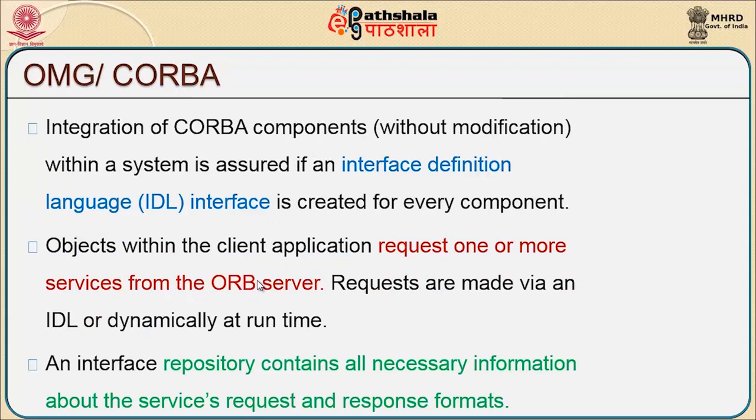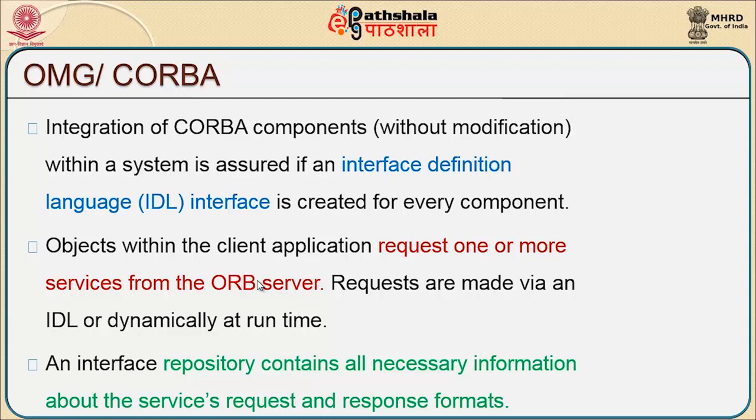Integration of CORBA components without any modification within a system is assured if an interface definition language, IDL, is created for every component. So we may have to create an individual interface called the interface definition language, and after its creation, we can use the same component any number of times within the system. Objects within the client application request one or more services from the ORB server.